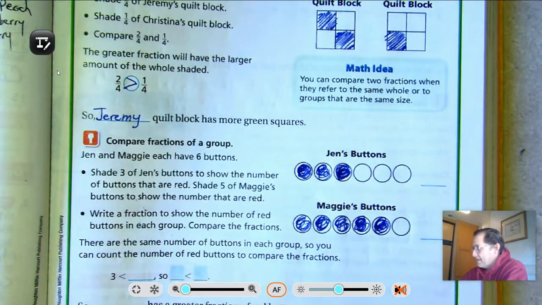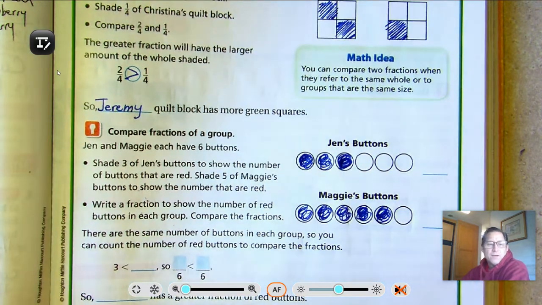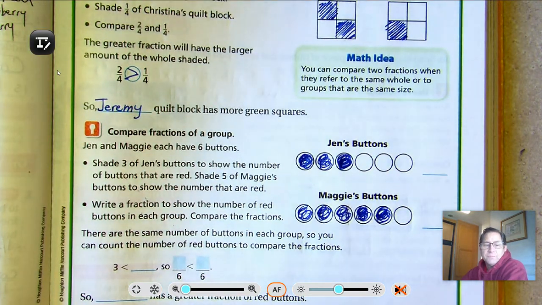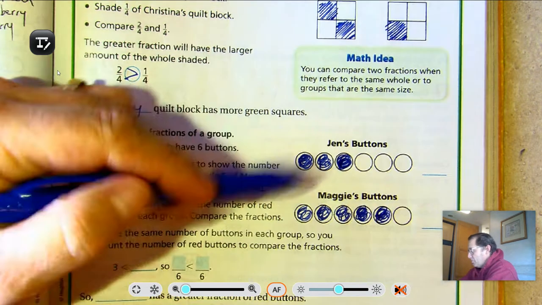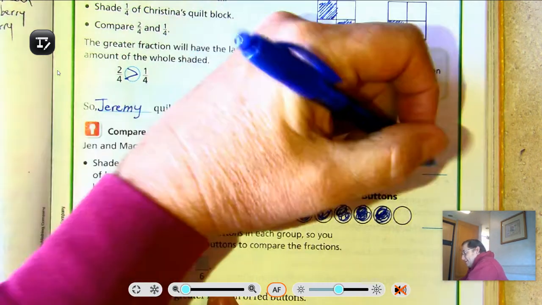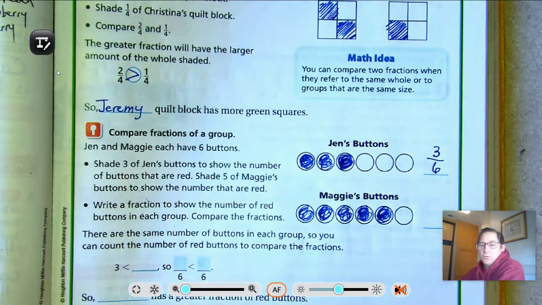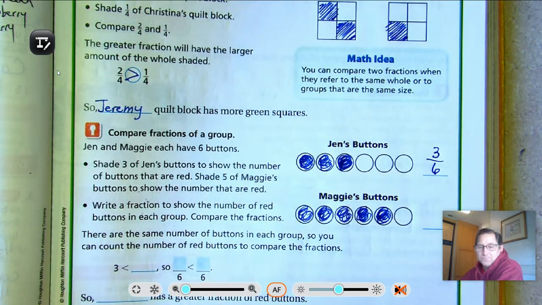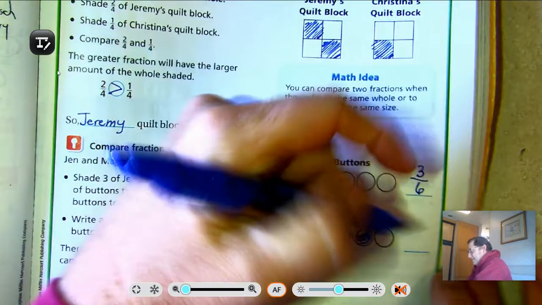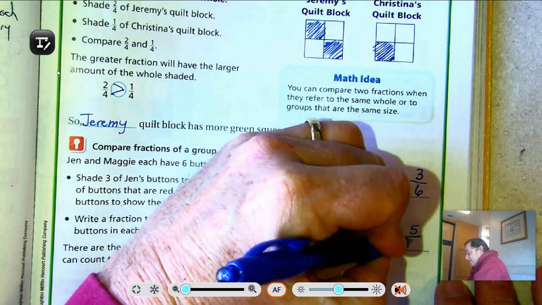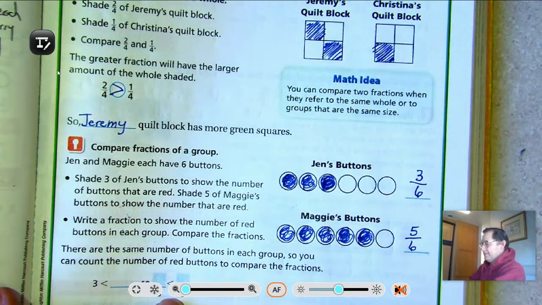All right. Now, write a fraction to show the number of red buttons in each group. All right, so Jen has 3 out of her total of 6 buttons that are red. Maggie has 5 out of her 6 that are red.